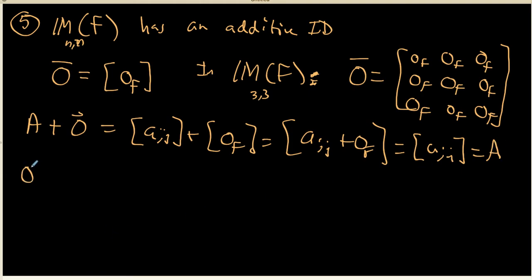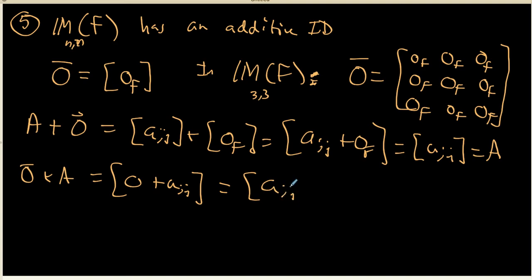Similarly, if you put the zero matrix on this side, you're looking at 0 plus aij, and that is again just the matrix of aij's. So we easily have an additive identity, and it's no surprise that the additive inverse is exactly what we think it is, based on our knowledge from a sophomore course in linear algebra.